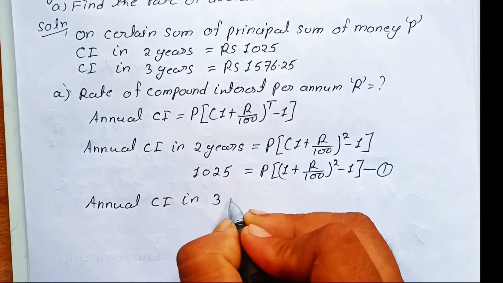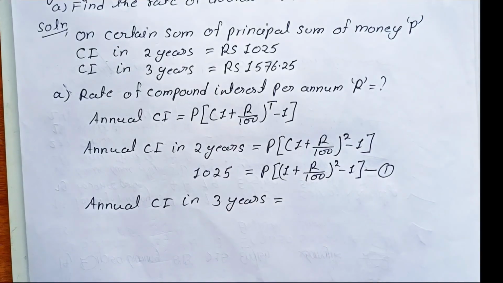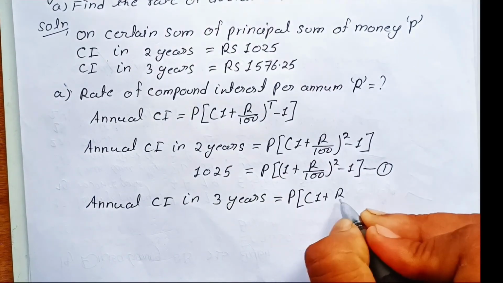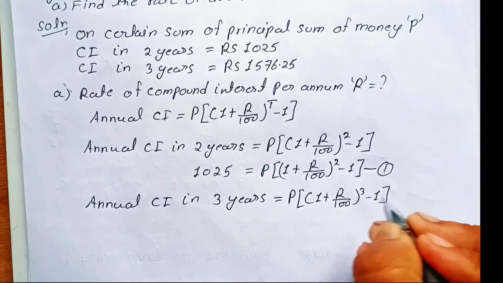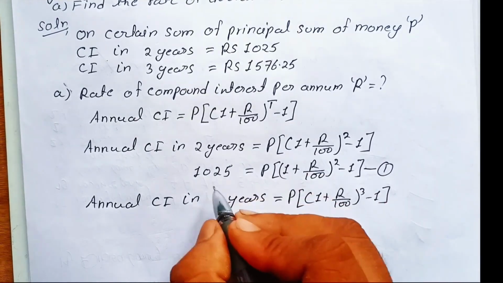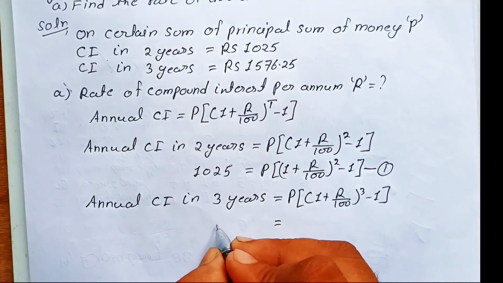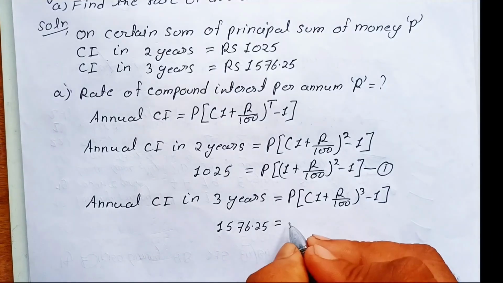And again, annual CI in 3 years is equal to P times (1 plus R upon 100) to the power 3 minus 1. Here the value of compound interest in 3 years is 1576.25.